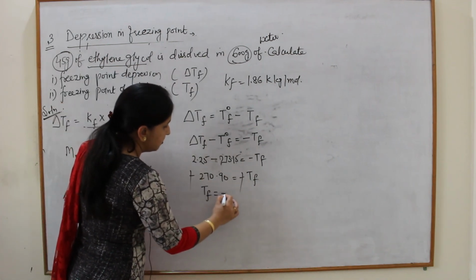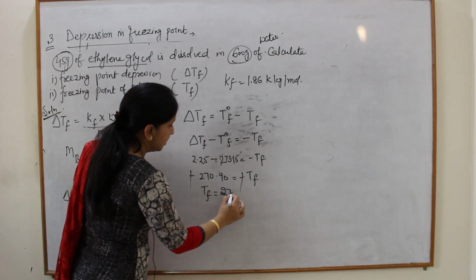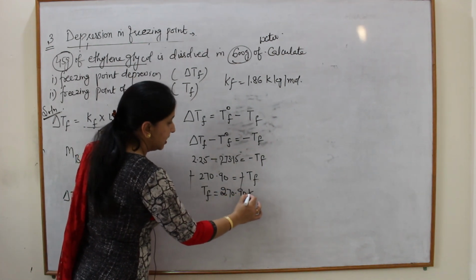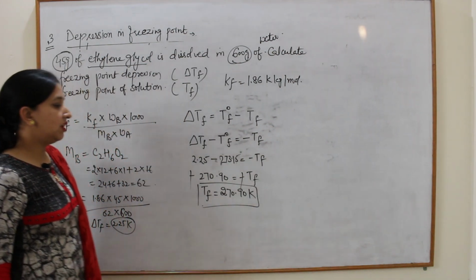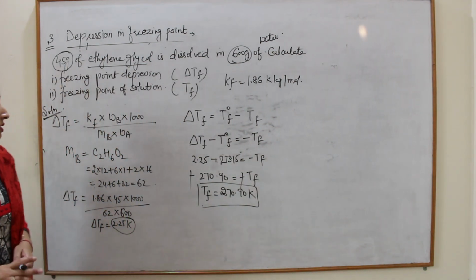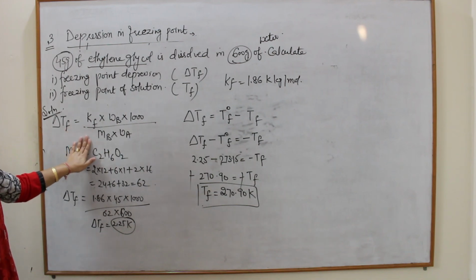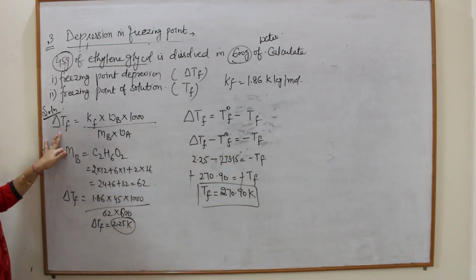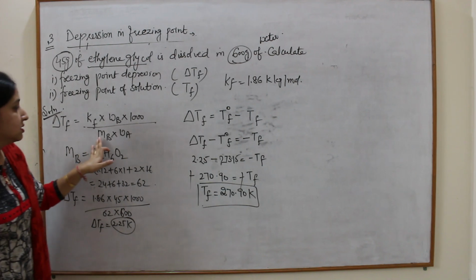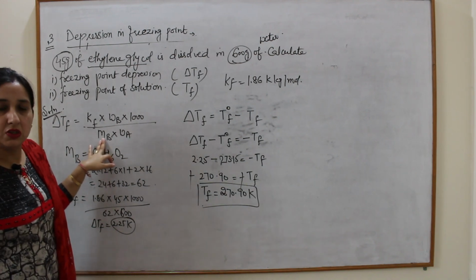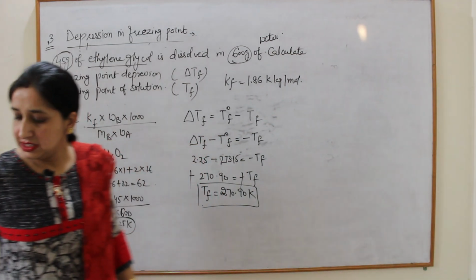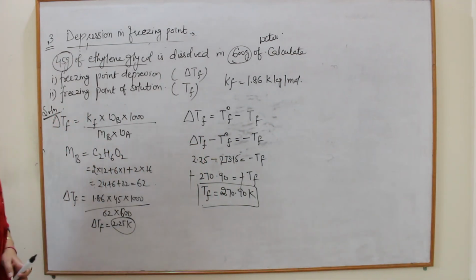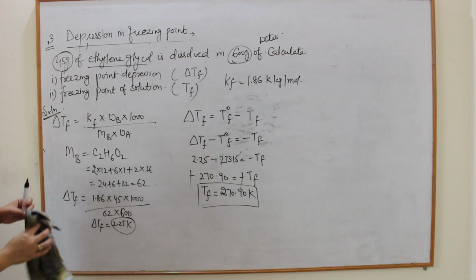So TF will be 270.90 Kelvin. So this is the freezing point of the solution. By using this formula we can calculate the value of depression in freezing point as well as the molar mass of the solute. So next is your last colligative property, that is osmotic pressure.